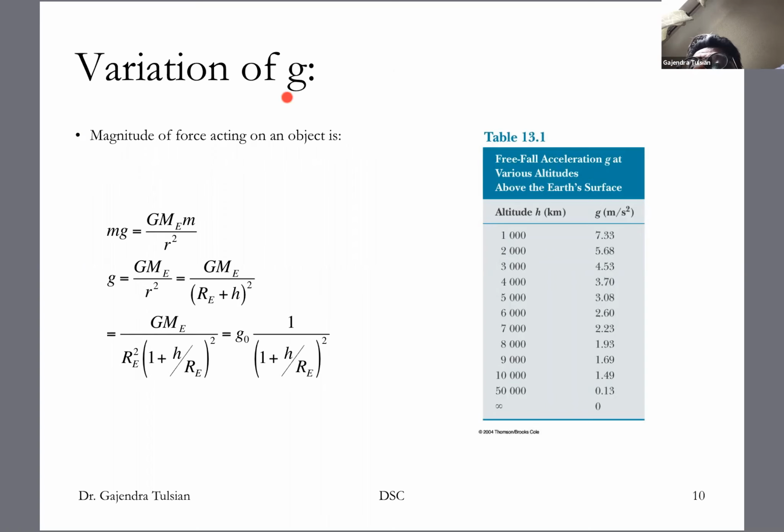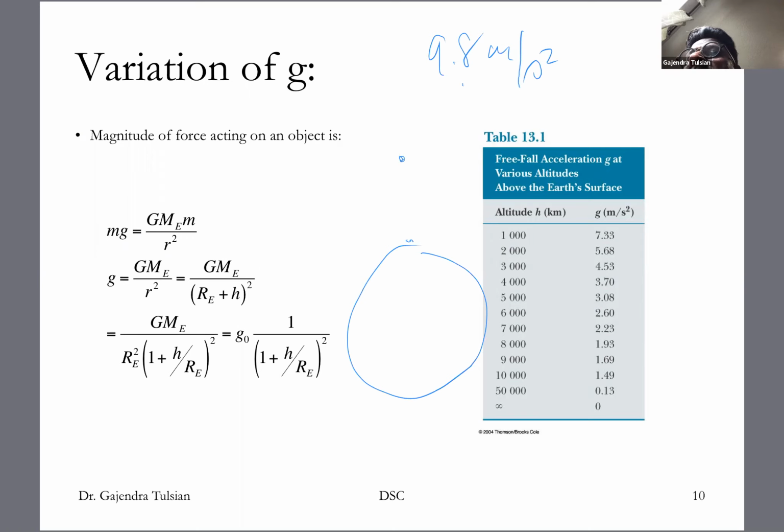Okay, so you've all measured g in lab, and you roughly measured it to be 9.8 meters per second squared. But that is the value near the surface of the Earth.